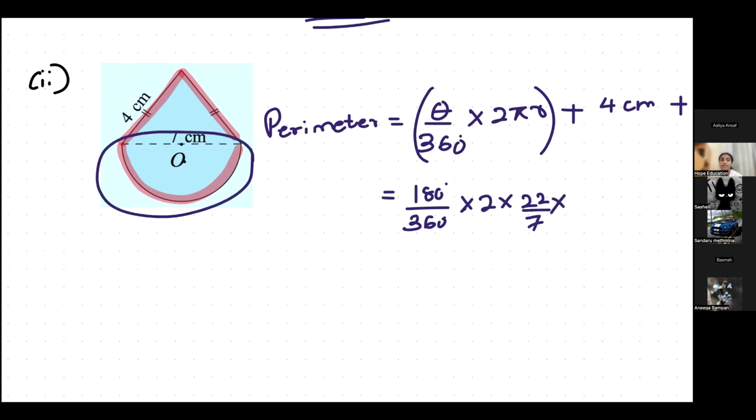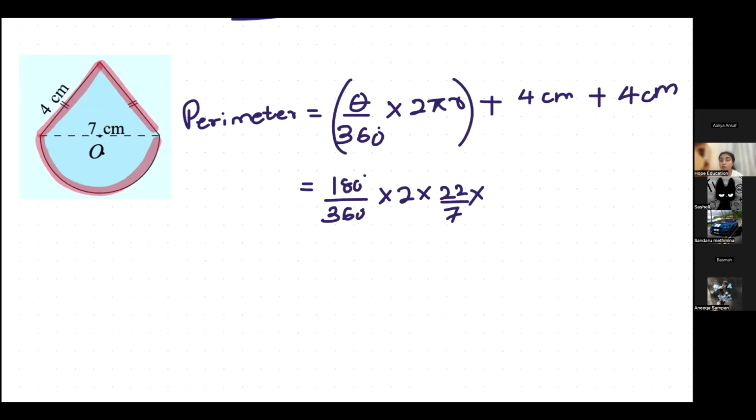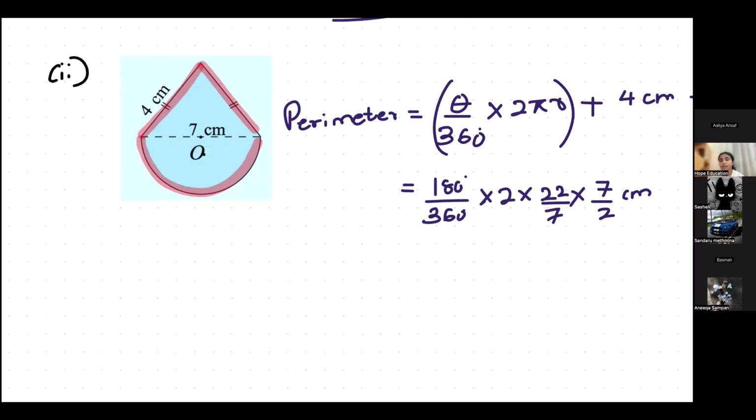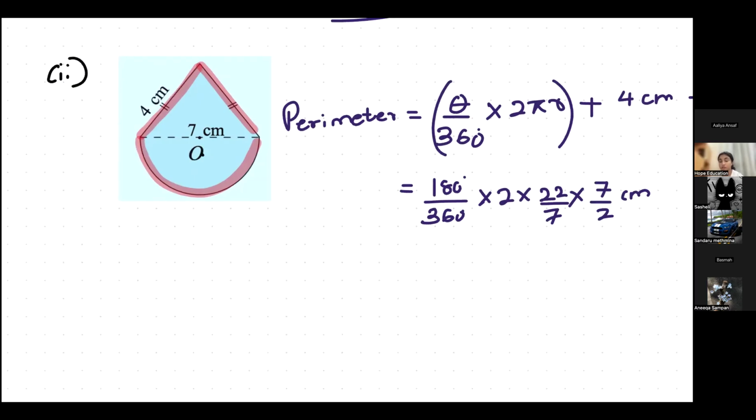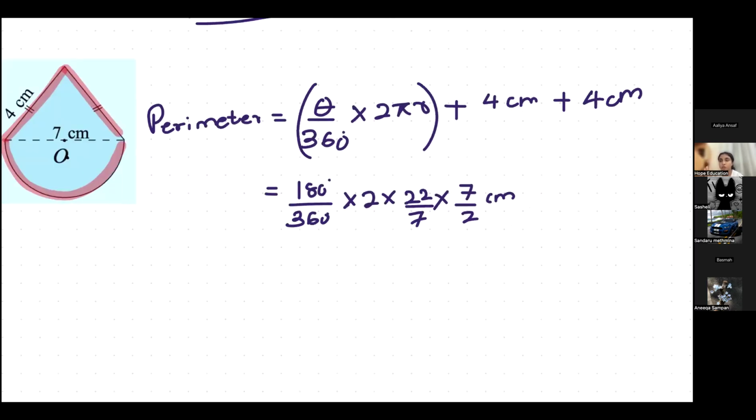How? May 7 centimeters is the diameter, that entire length. If I want the radius, I have to divide this 7 by 2. Then I get 3.5. So 7 divided by 2, you can write that, or you can write 3.5.